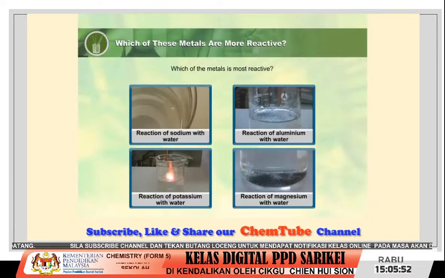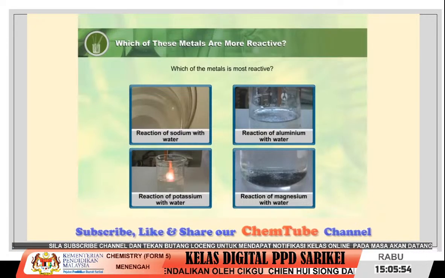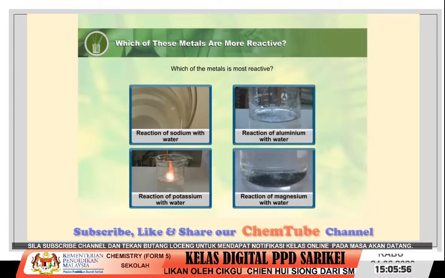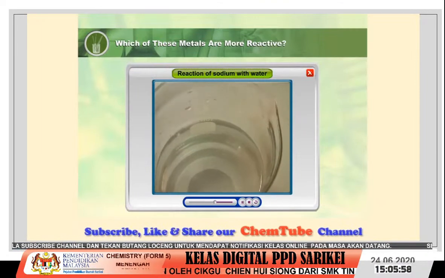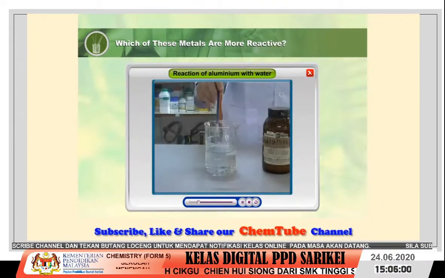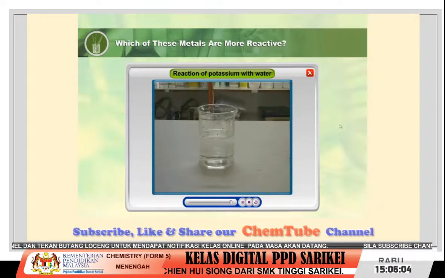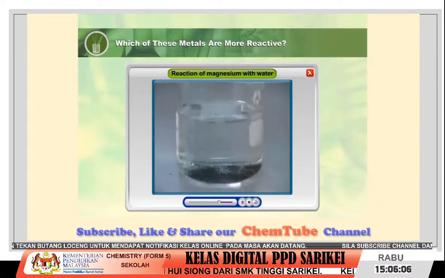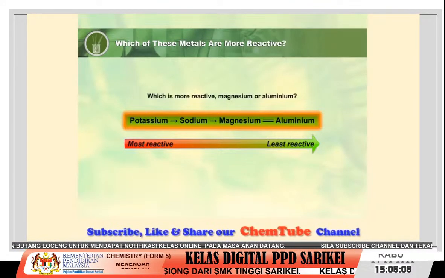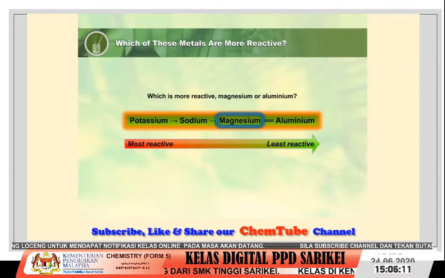Which of the metals shown is most reactive and which is least reactive? Can we compare the reactivity of magnesium and aluminium?